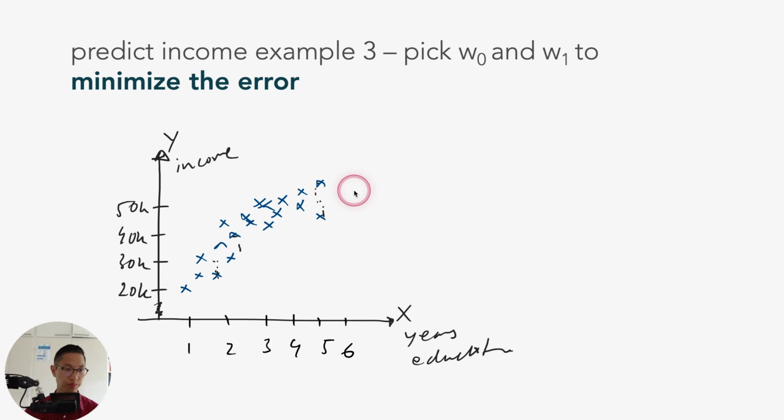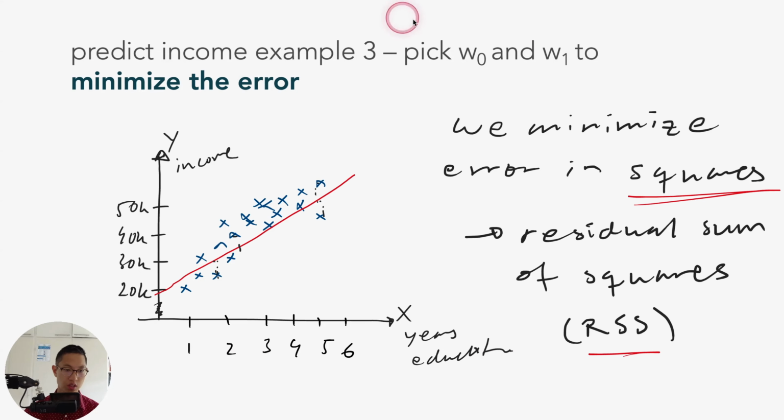What you want to do is that you pick W0 and W1 to minimize the error. What does this mean? We minimize error in squares, the residual sum of squares. The error is here. You can see there's a difference between this value and this value in the line. And there's a difference between this point and this value in the line, etc. You go to each of the points, you find a difference to the line.